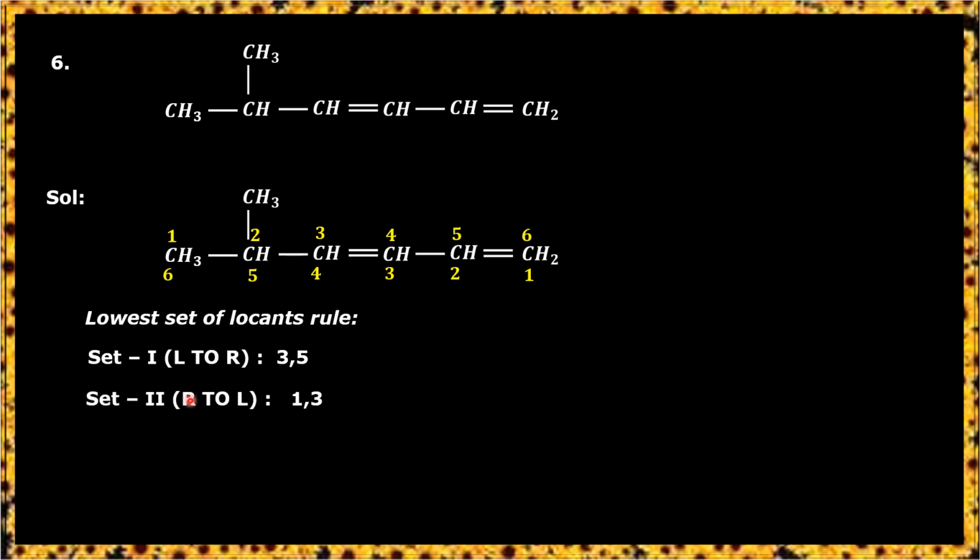Set 2 locants are 1, 3. So these two sets we have to compare term by term. Now at the first point of difference, 1 is less than 3. It means set 2, that is right to left numbering, is the correct way of numbering, and this one is the wrong way of numbering. So you remove that numbering.